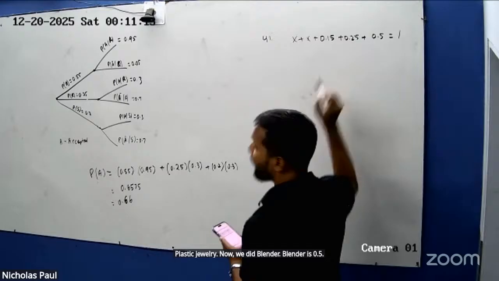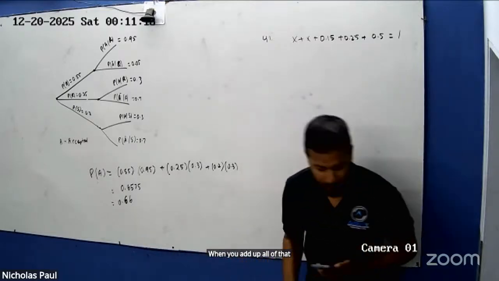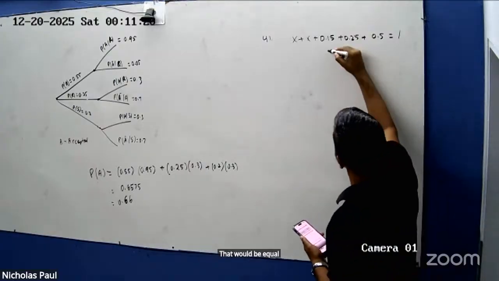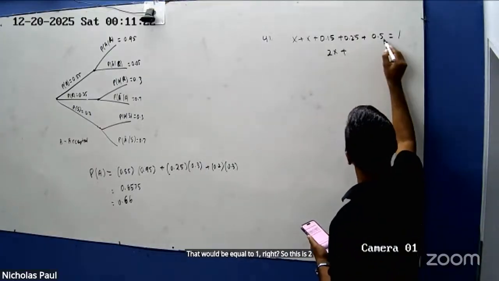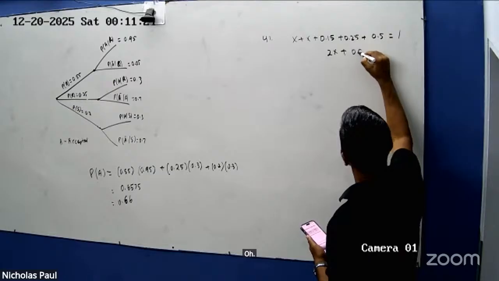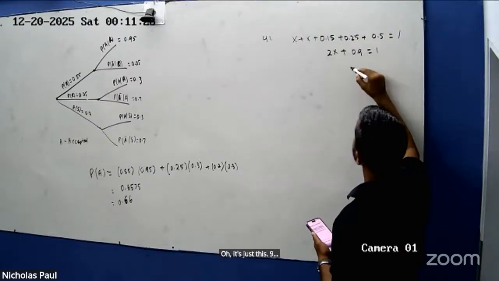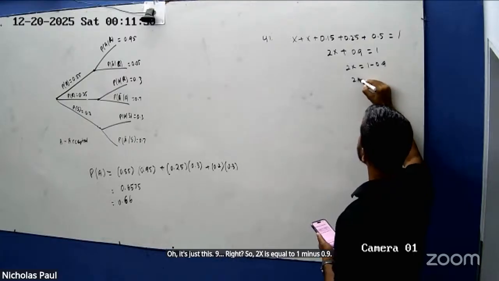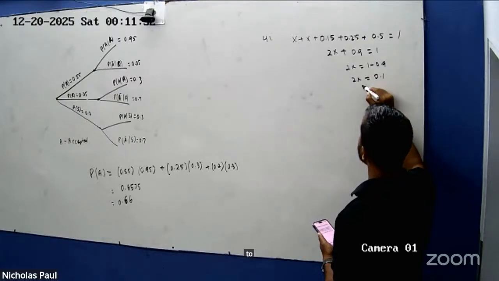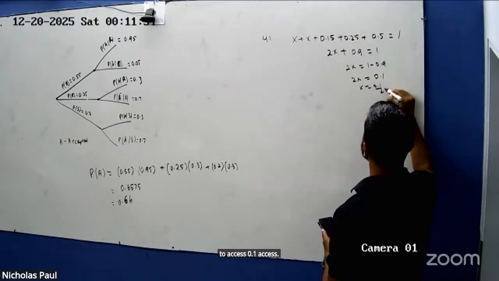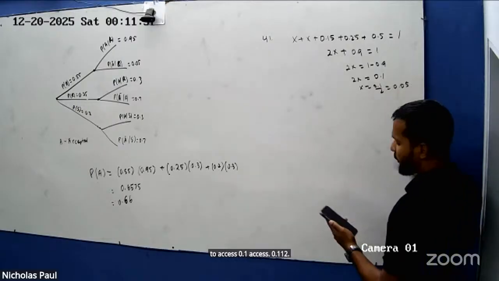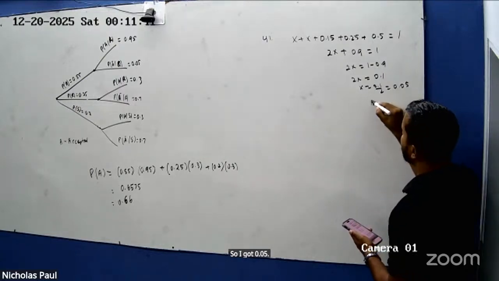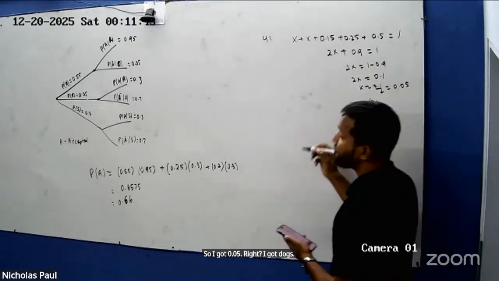When you add up all of that, it'll be equal to 1. So this is 2x plus, how much is this? 0.9. So 2x is equal to 1 minus 0.9. 2x is 0.1, so x is 0.1 over 2. I got 0.05. I got D. That's okay?